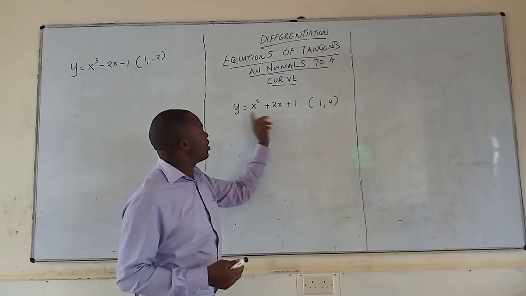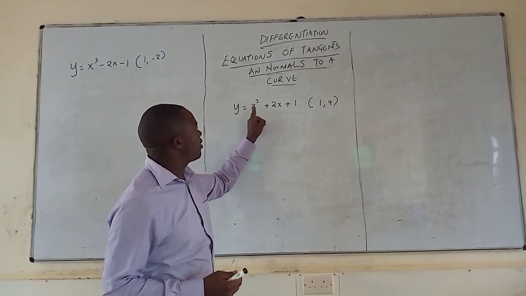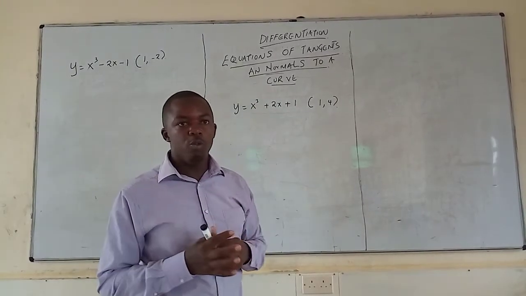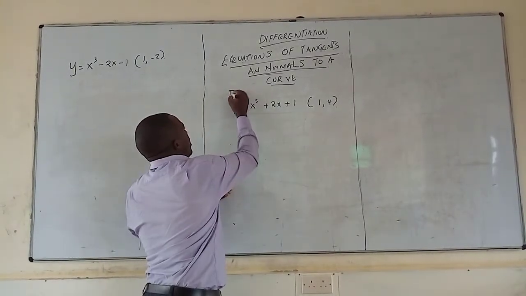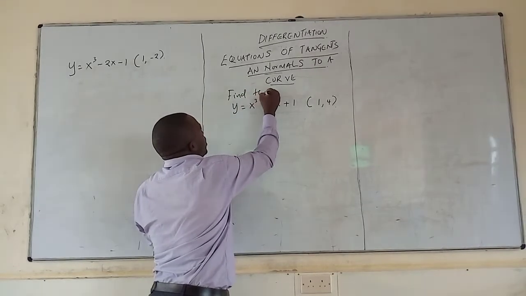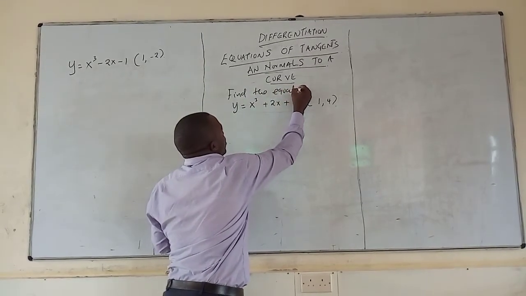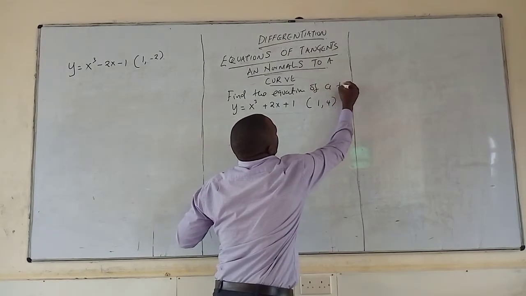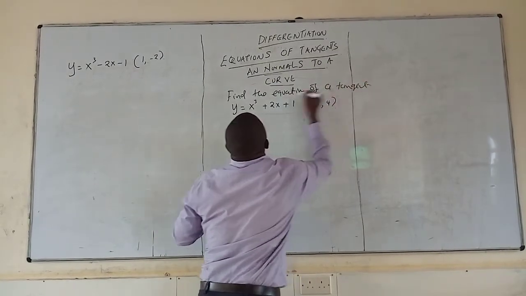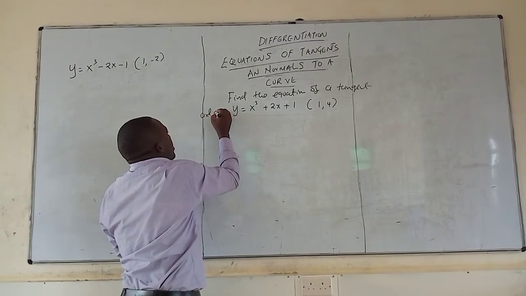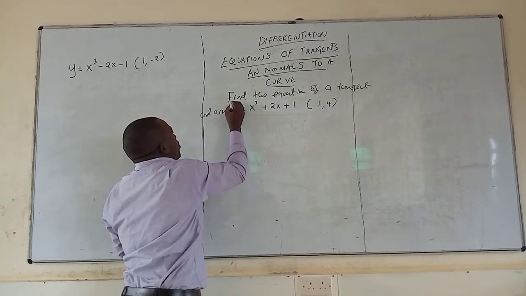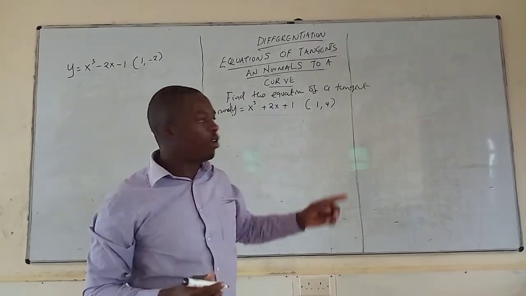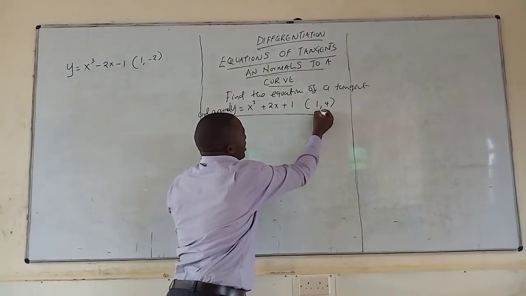I have an equation of a curve, y is equal to x cubed plus 2x plus 1. I want to find the equation of a tangent and a normal to this curve at this point.